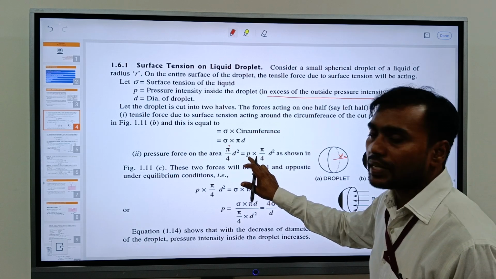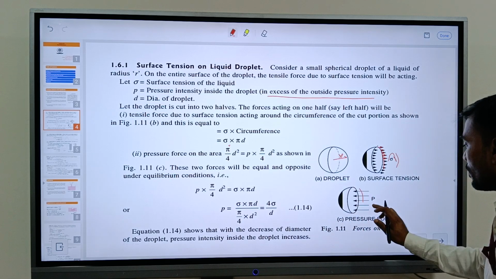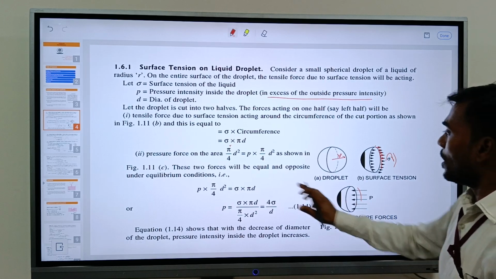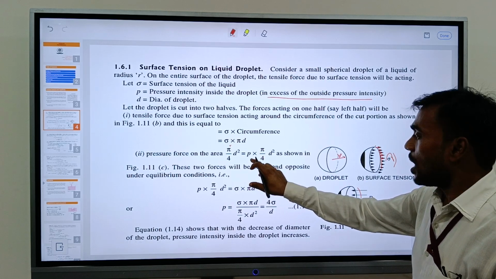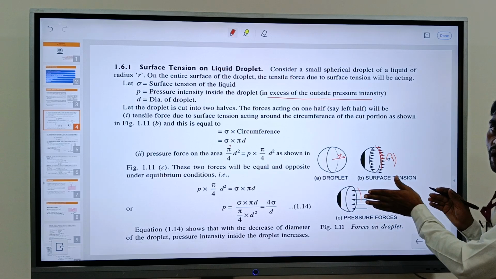So the total force acting on this surface will be small p into pi by 4 d square, and its direction will be inward.